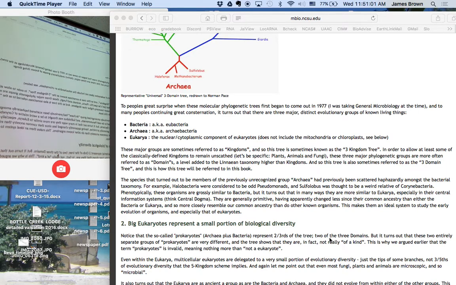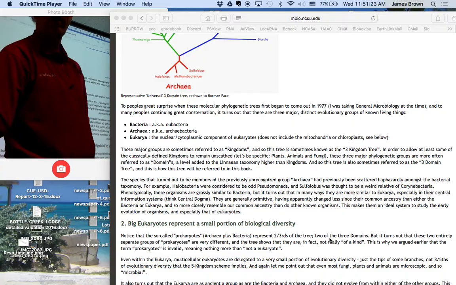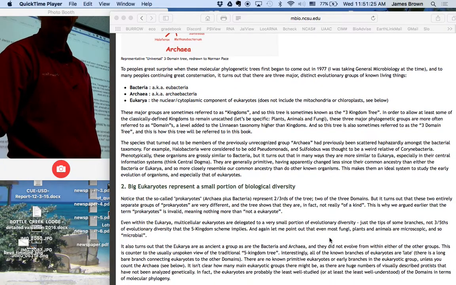There were clues that they were different. There were some real weirdnesses, particularly in membrane lipids, but this was before the time when a lot of genetic analysis was done, before a lot was known about transcription and translation and so forth in these organisms. So they hadn't really been studied that well prior to this, and their differences weren't clear. Now they're quite clear, and we'll talk about them later. You've probably talked about them already as well.